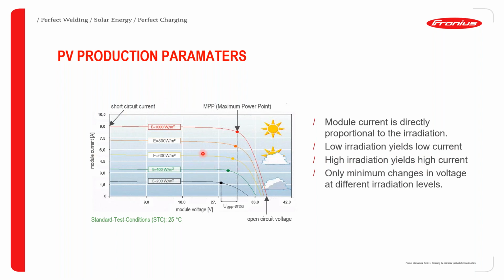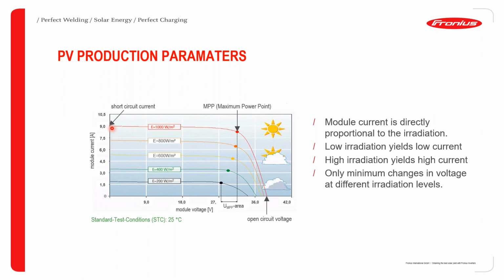Looking at this illustration, we can see that we have different conditions here: cloudy conditions, partly sunny, and very sunny conditions. These all have their respective irradiation values, right from 1000 watts per meter squared down to 200 watts per meter squared.